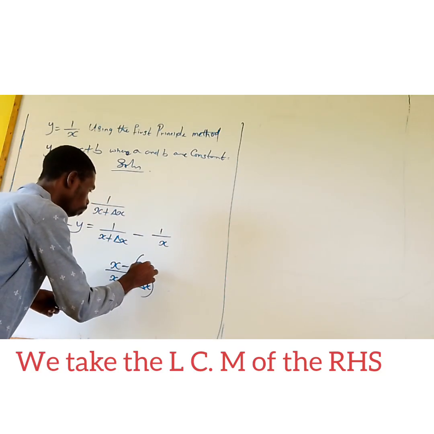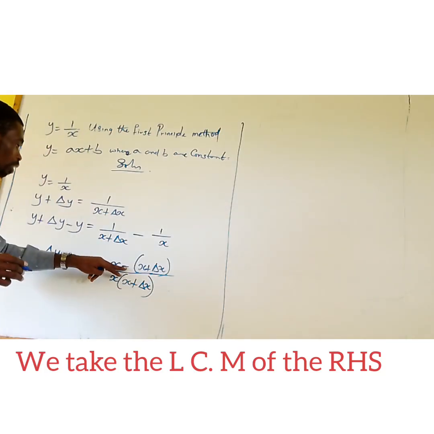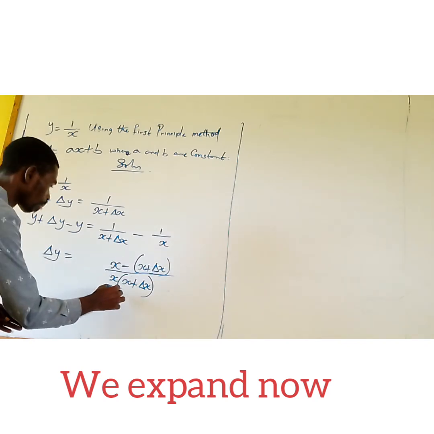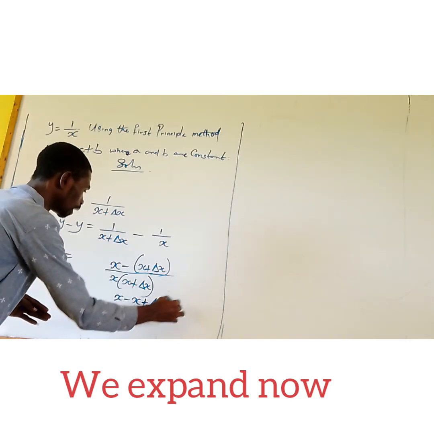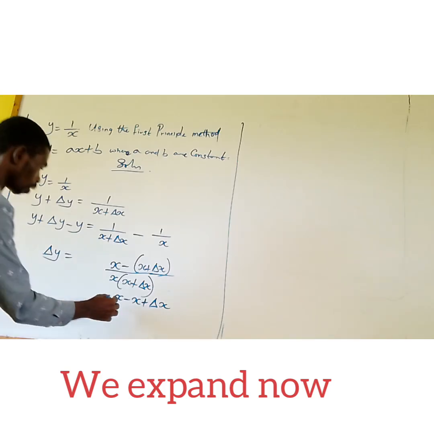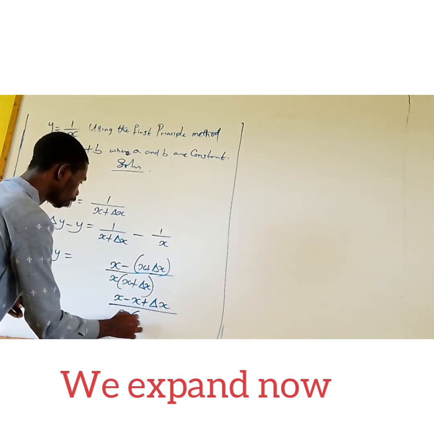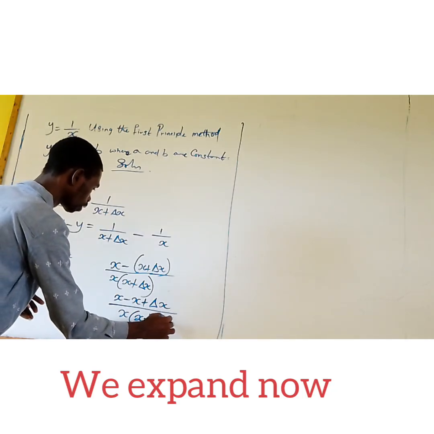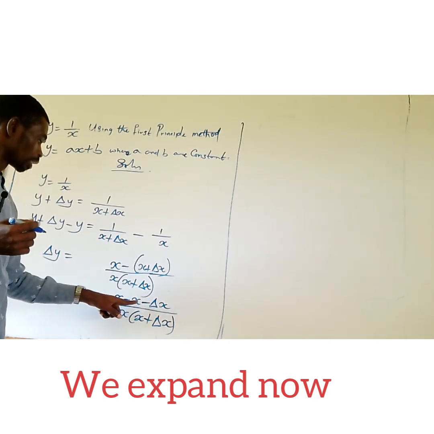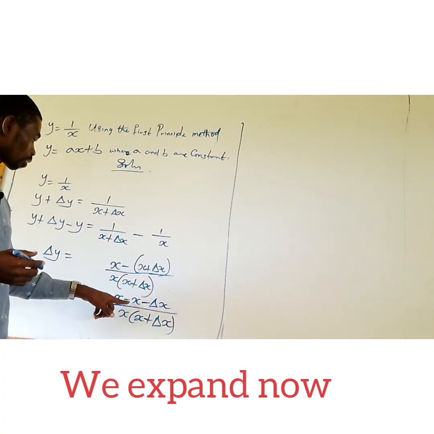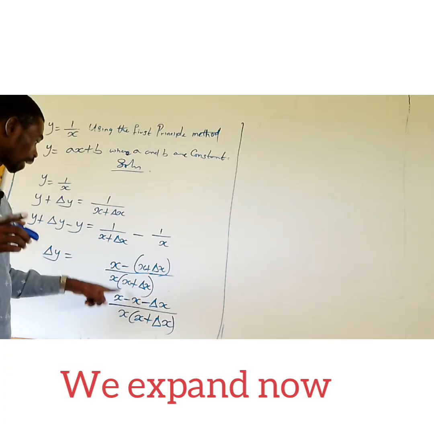So that's x minus x plus change in x, all over x into x plus change in x, because this in this will give us this.